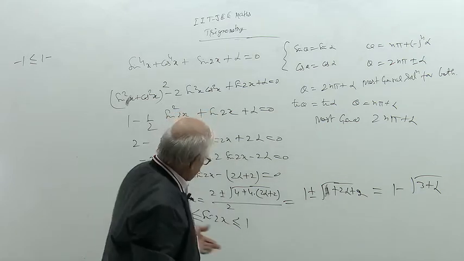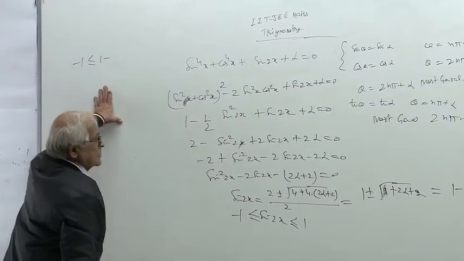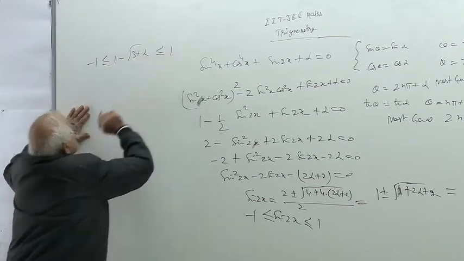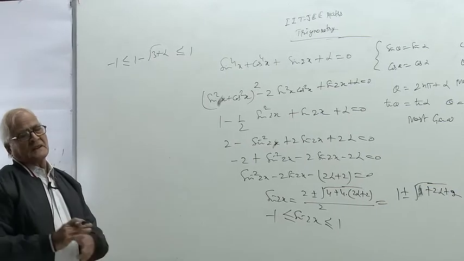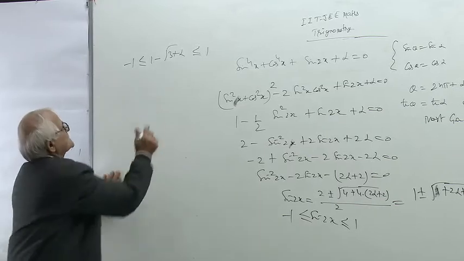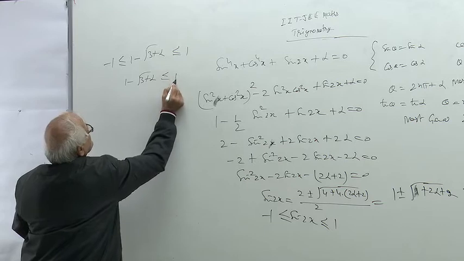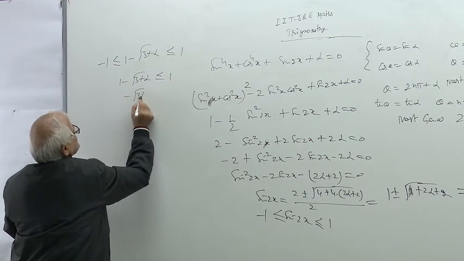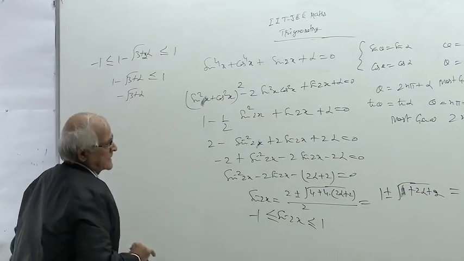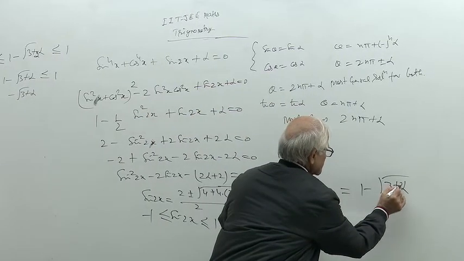Sin 2x lies between the minus 1 and 1. We know this. So therefore this value is between the minus 1 and 1. That will give us the solution. If we take 1 minus root 3 plus alpha less than or equal to 1, then we have 3 plus alpha, 2 alpha. Here is 2 alpha. Sorry, here is 2 alpha.